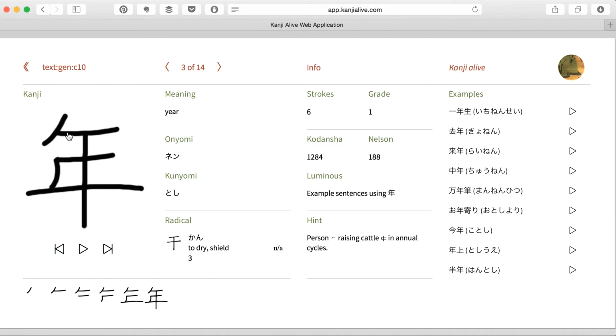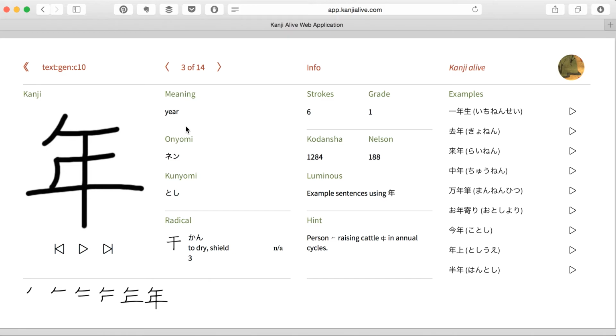Also, it does not come up over this top horizontal line. So kind of like kaku, you build everything out horizontally, and then at the end you put the main vertical stroke through everything.